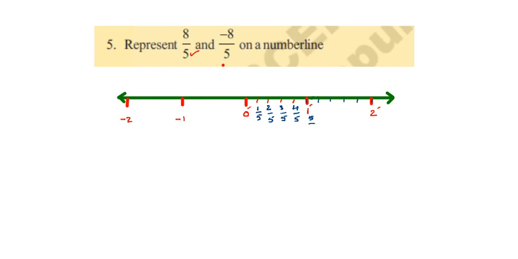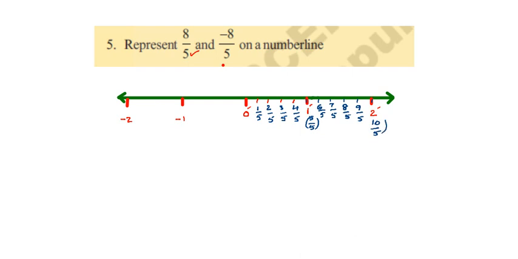Okay. Now you may write the sixth part as 6 by 5, seventh part as 7 by 5, eighth part is represented by 8 by 5, 9 by 5, and the 2 is represented by 10 by 5.